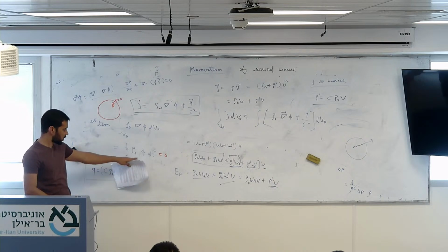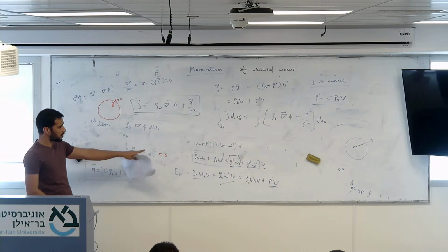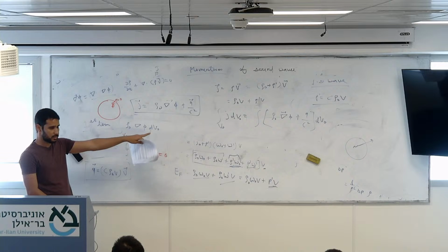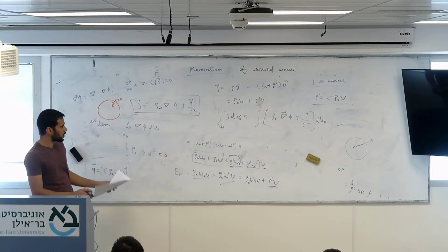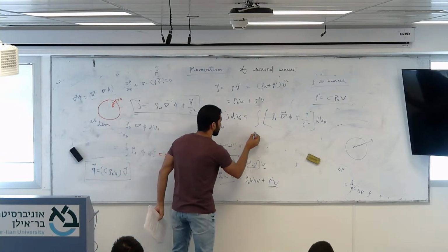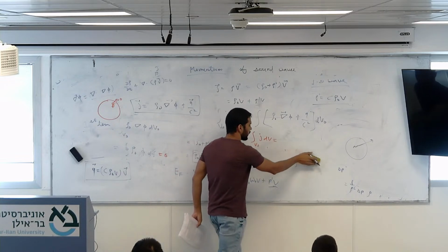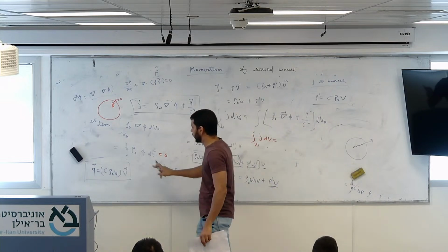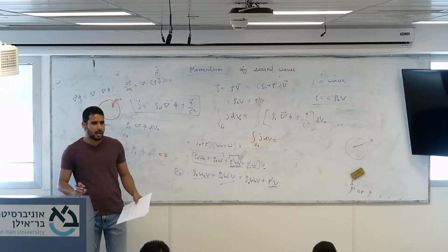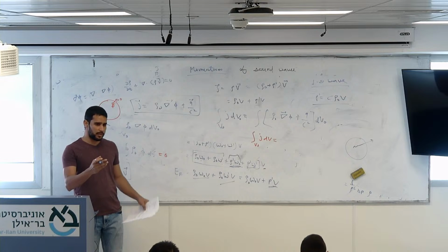At the surface, this turns out to be 0. Which means the first term does not contribute. So we are left with only the second term. In other words, the first term does not contribute to the wave's momentum.